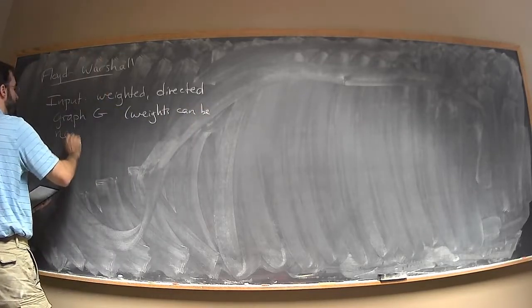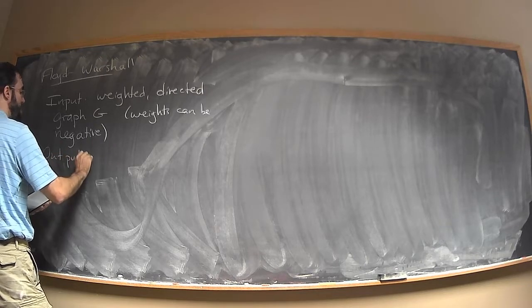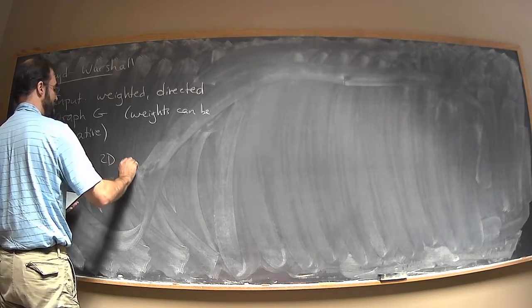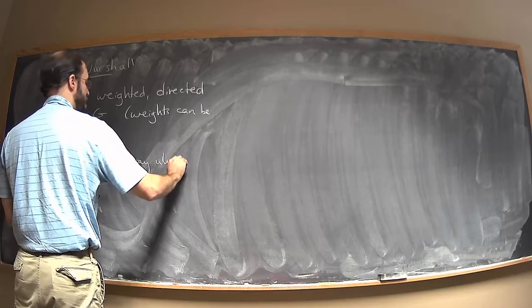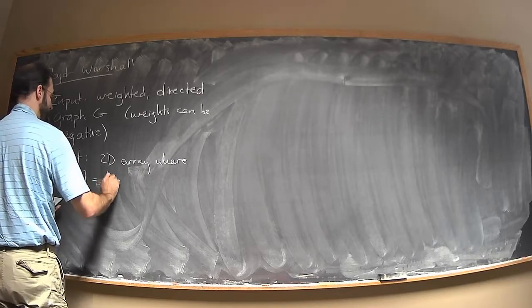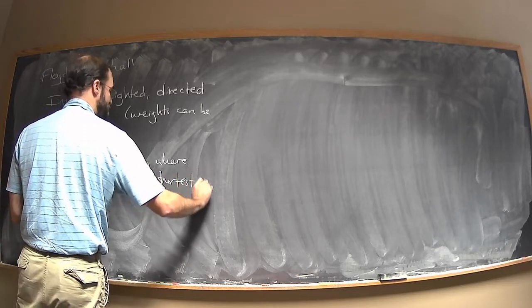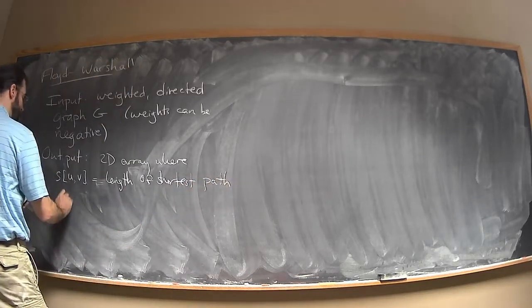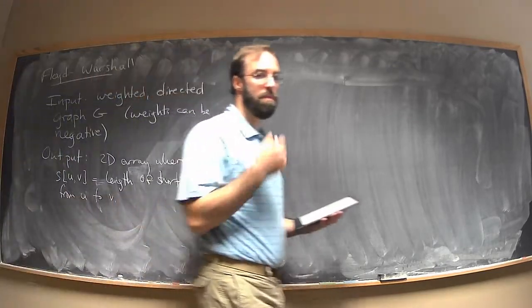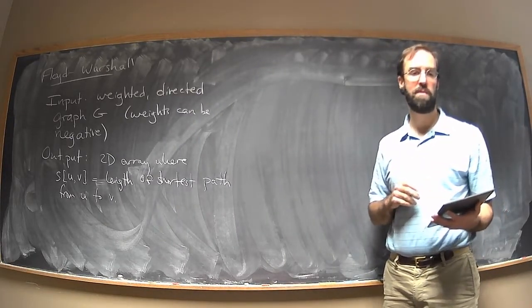And as output, we want a 2D array where we'll say S of U comma V is the length of a shortest path from U to V. That's the basic version. In general, we might want to actually be able to reconstruct a shortest path from U to V, and we'll see how we can do that as well.